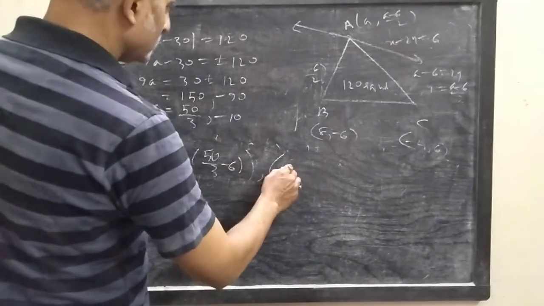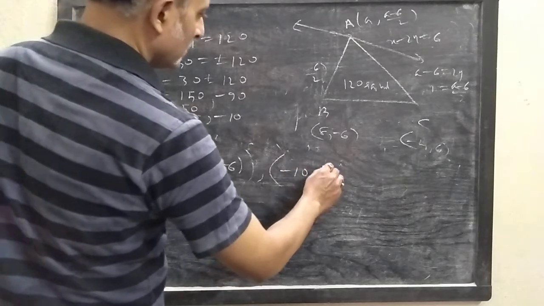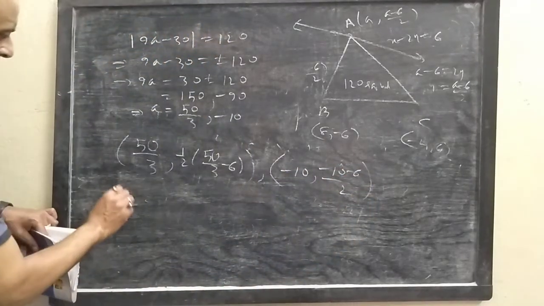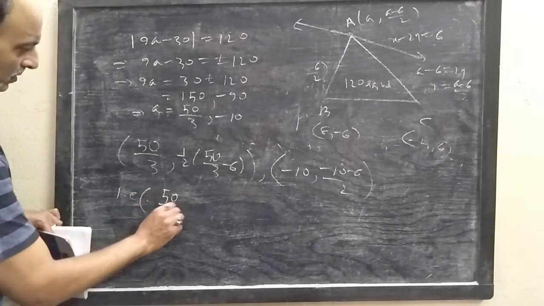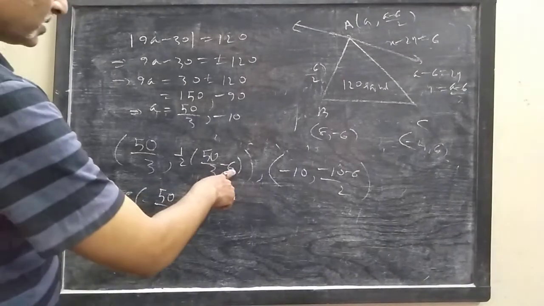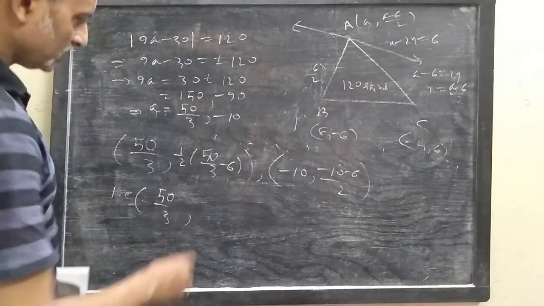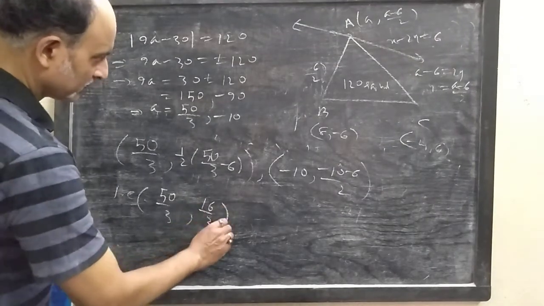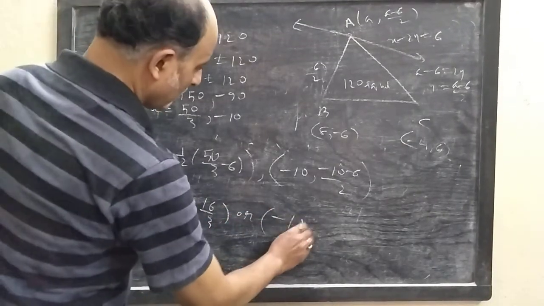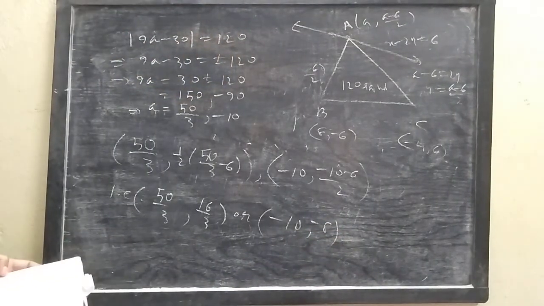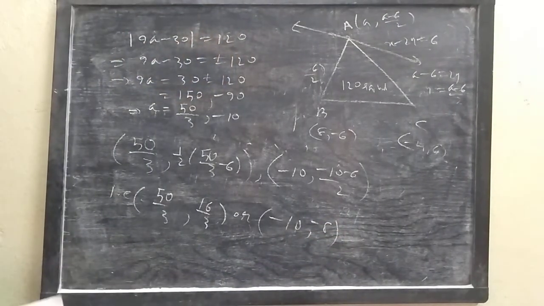Or another situation, when a is minus 10, then (minus 10 minus 6) whole by 2 is minus 8. So the answers are (50 by 3, 16 by 3) or (minus 10, minus 8).